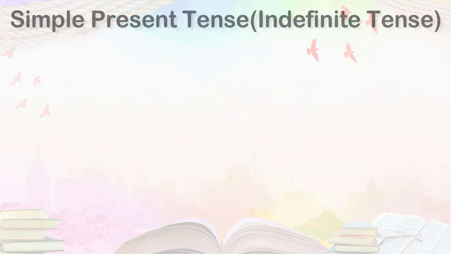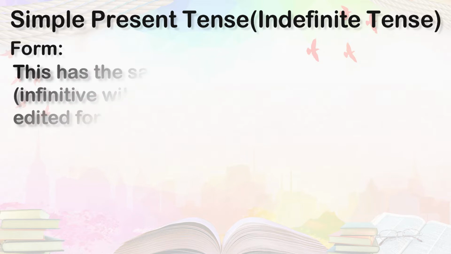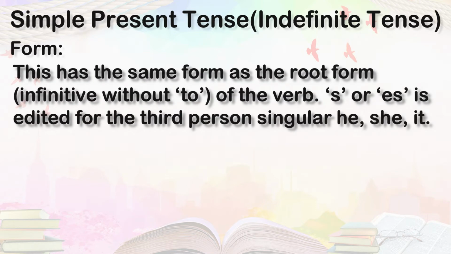Now, let's first of all take up simple present tense, which we also call indefinite tense. Form: this has the same form as the root form, infinitive without to, of the verb. S or es is added for the third person singular: he, she, it.